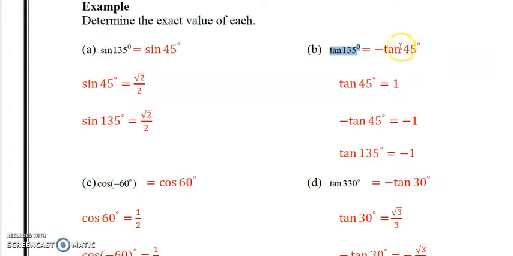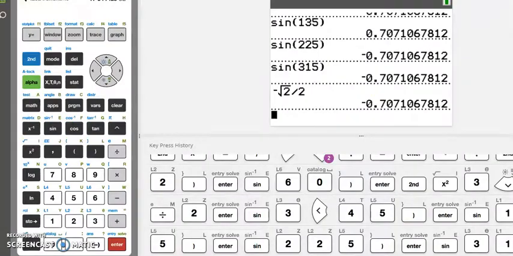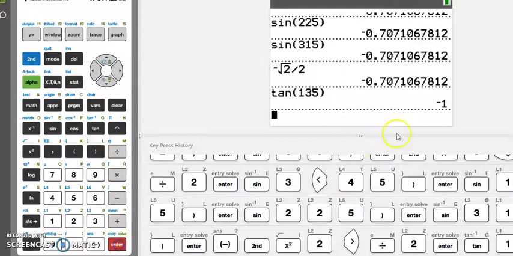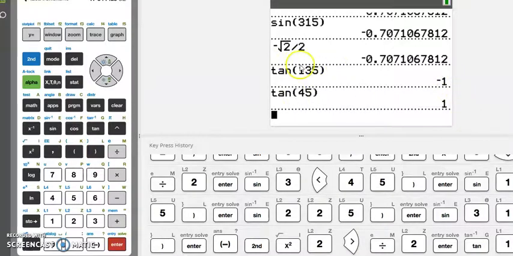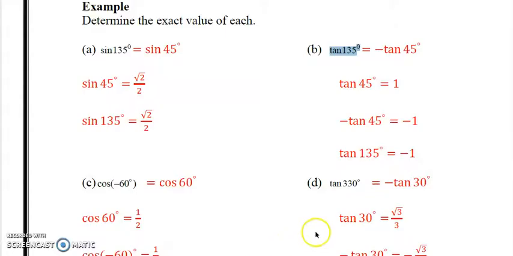It's going to be minus tan of 45 because it's opposite. And again, you can always check this on your calculator, which is nice. So tan of 135, you're getting back negative 1. And the tan of 45, as we know, is going to be positive 1. So that means that these are opposite signs, right? Tan of 135 and tan of 45 is the reference angle there, which is pretty cool.